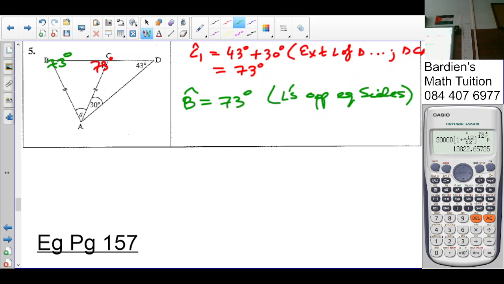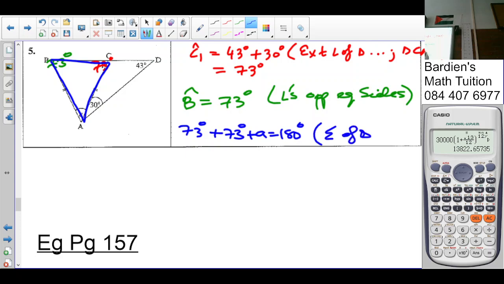How do you calculate A? 73 plus 73 degrees plus A equals 180, sum of angles of a triangle, and that is triangle BCA or ACB or whatever. Okay? So A is equal to 180 minus 73 minus 73.